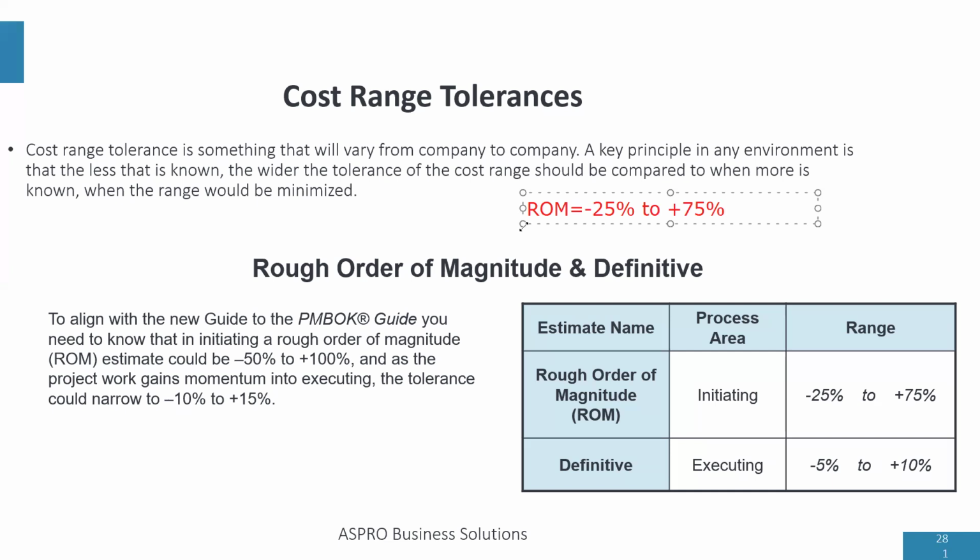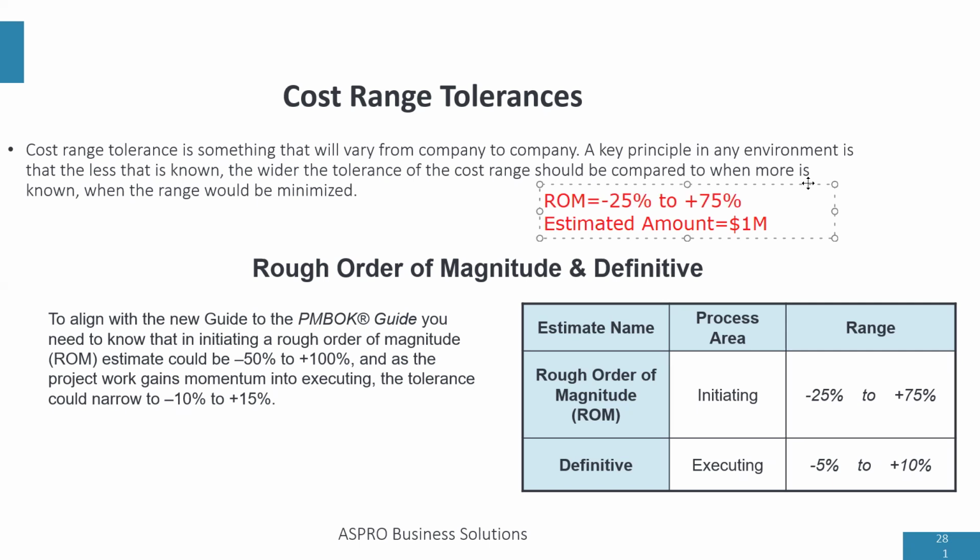It means that if we want to estimate a project at the beginning of that project, we should be ready to pay an amount between minus 25% and plus 75%. That means if at the beginning of a project, the estimated amount for that project is $1 million, right? How much do you think you should keep aside for this project in terms of rough order of magnitude?